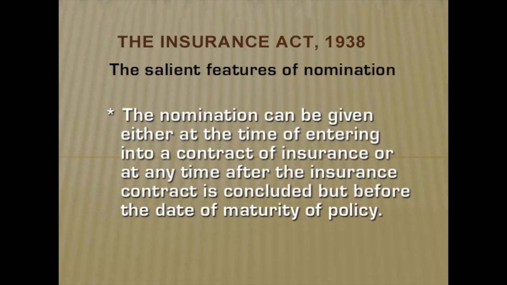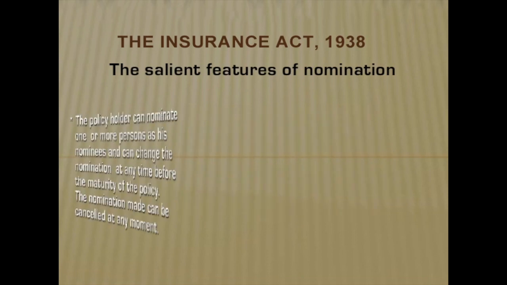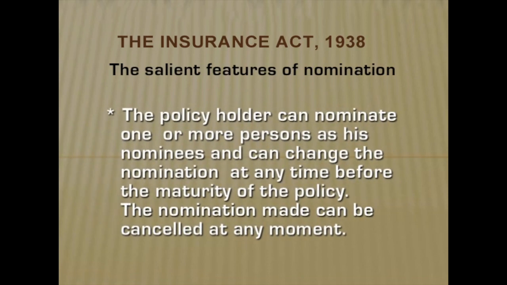The nomination can be given either at the time of entering into the contract of insurance or at any time after the insurance contract is concluded, but before the date of maturity of the policy. The policyholder can nominate one or more persons as his nominees and can change the nomination at any time before the maturity of the policy.